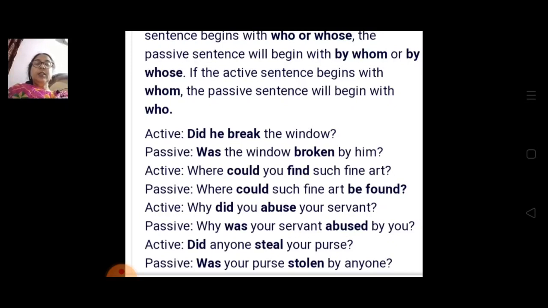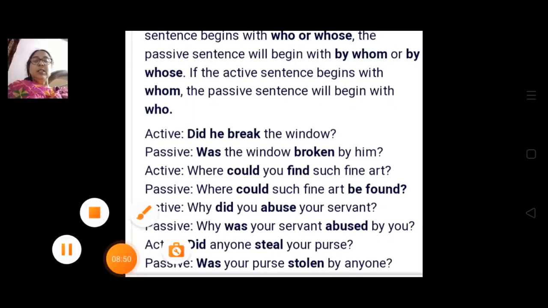In active voice, why did you abuse your servant? In passive voice, why was your servant abused by you? In active voice, did anyone steal your purse? Passive voice, was your purse stolen by anyone?